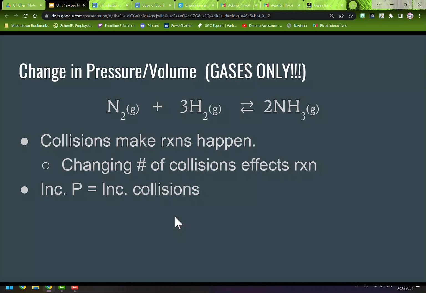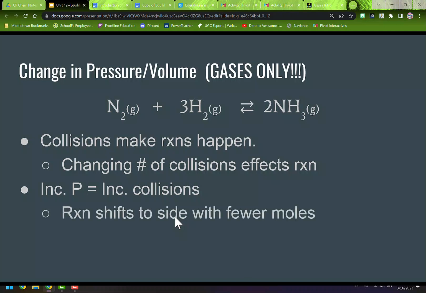Let's talk about increasing pressure. If I increase the pressure, I'm going to increase the collisions that these gas molecules are under. The reaction will shift to the side with a fewer number of moles. So I have to look at my chemical reaction. I can see on this reaction I have 1 mole of N2, 3 moles of H2 on the left. That's 4 moles.